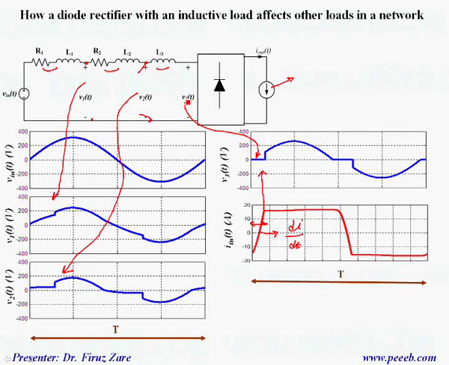So we have to understand the concept of commutation, and also control the output current, which means we can improve the input voltage and also the voltage of the grid at different terminals.